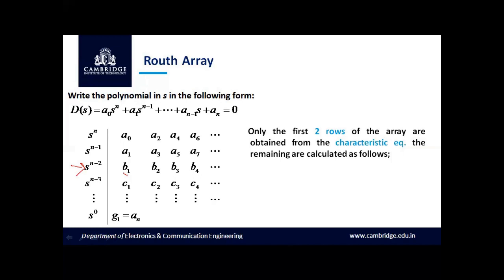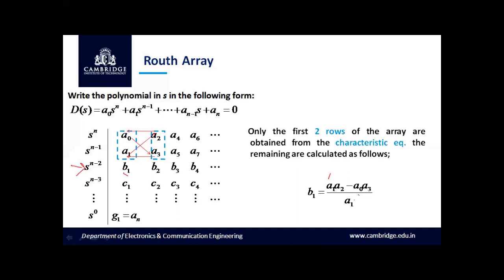B1 is given by A1 A2 minus A0 A3 divided by A1. So to fill up the third row, we have to make use of the previous two rows and trace it. We have to use the formula A1 A2 minus A0 A3 divided by A1. It starts from A1 and ends at A1.